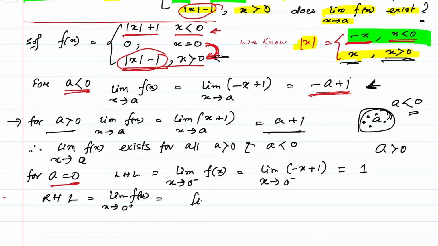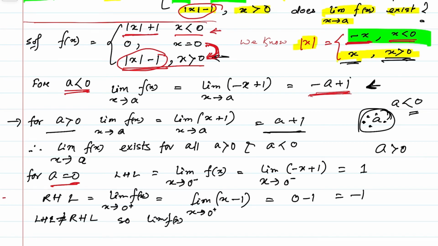So we can write here limit of x minus 1 as x tends to 0 positive. In this case it will be 0 minus 1, that will be minus 1. So here you see the left hand limit is not equal to the right hand limit.